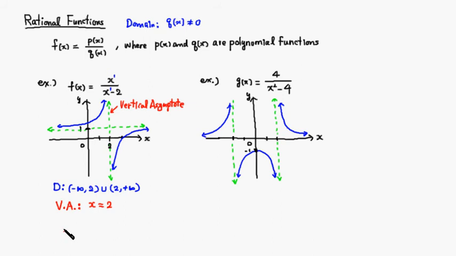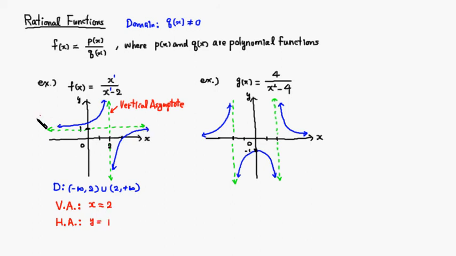All right, so let's look at the horizontal asymptote. You can see that the horizontal line right here is y equals 1.